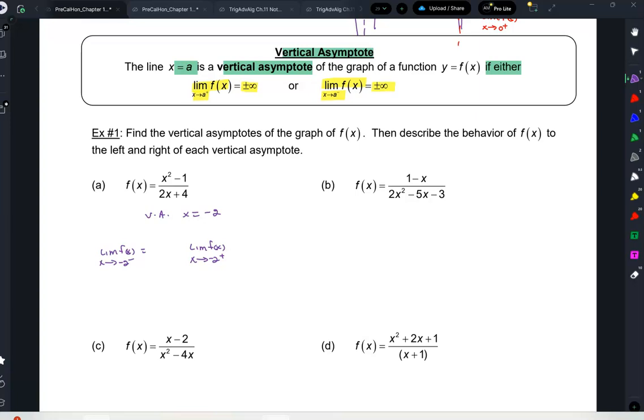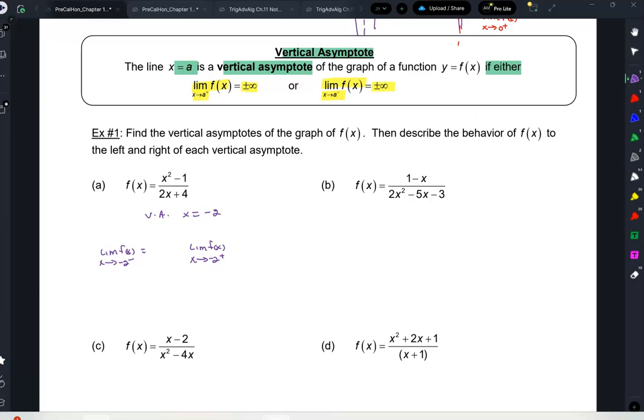Okay, so -2, right? The left side of -2 is like -2.1, -2.2, -3, and so on. So for those values, look here, this is always going to be positive, correct? Because when you square that, it's positive. So now this is where we need to look.